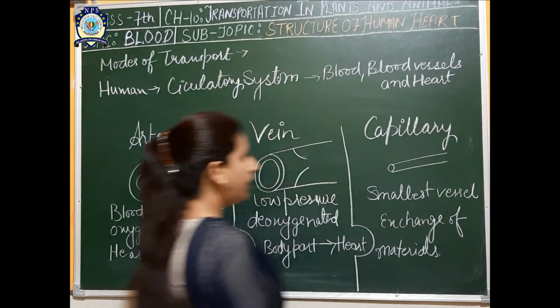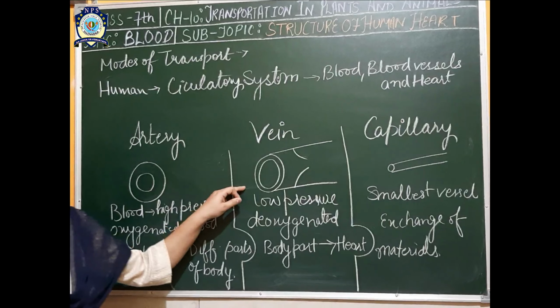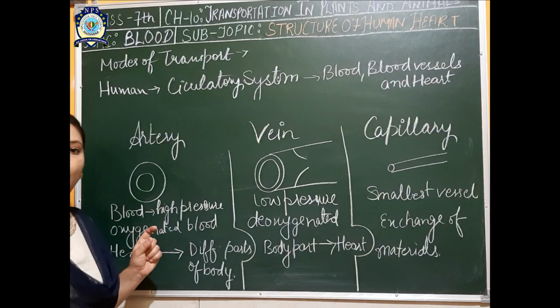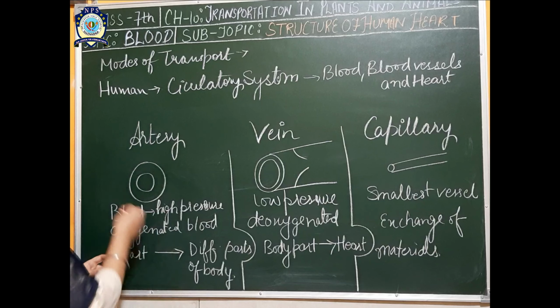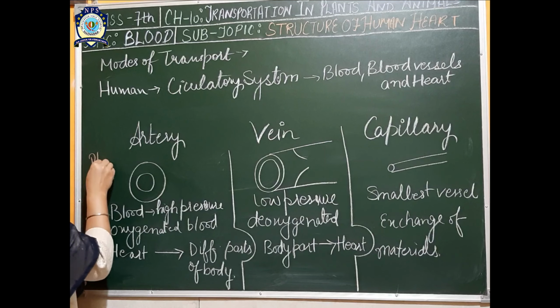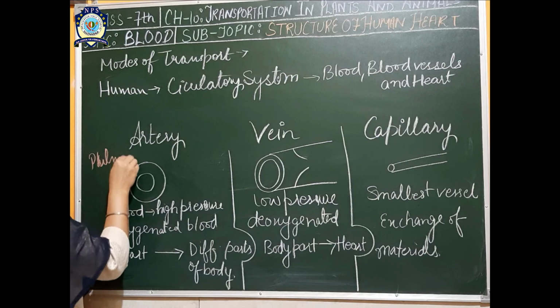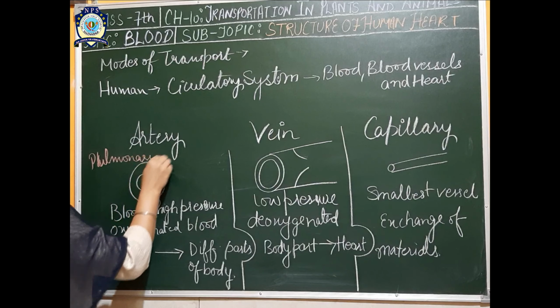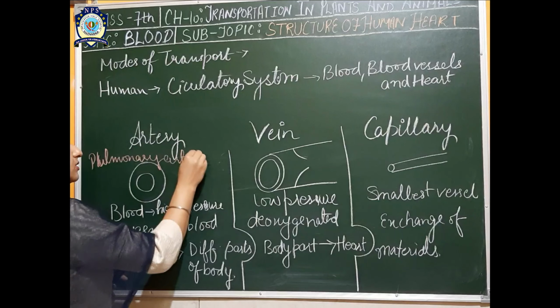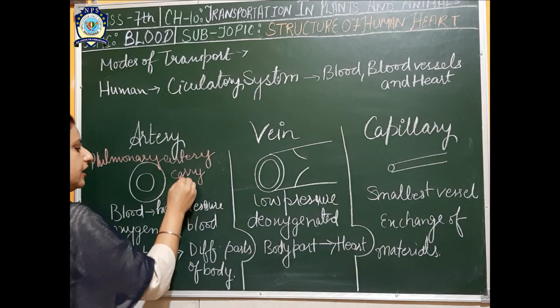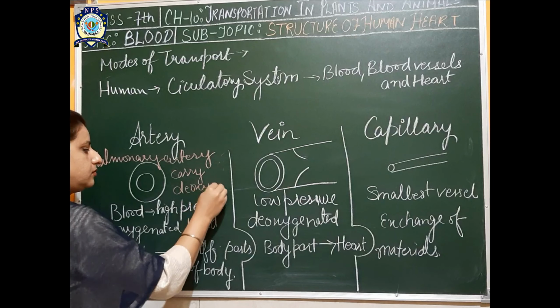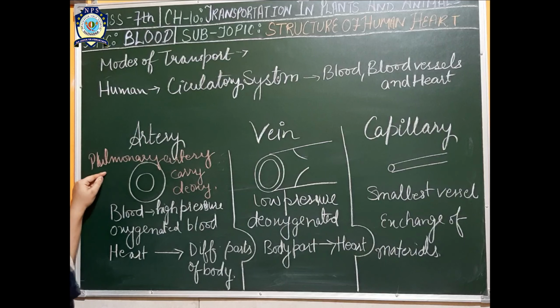In the case of arteries and veins, there is one exception. All the arteries carry oxygenated blood, but there is one exception: the pulmonary artery carries deoxygenated blood, and this is present in the heart.